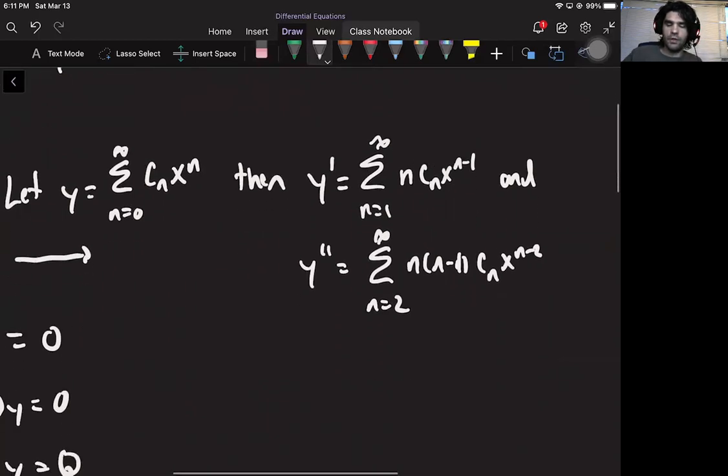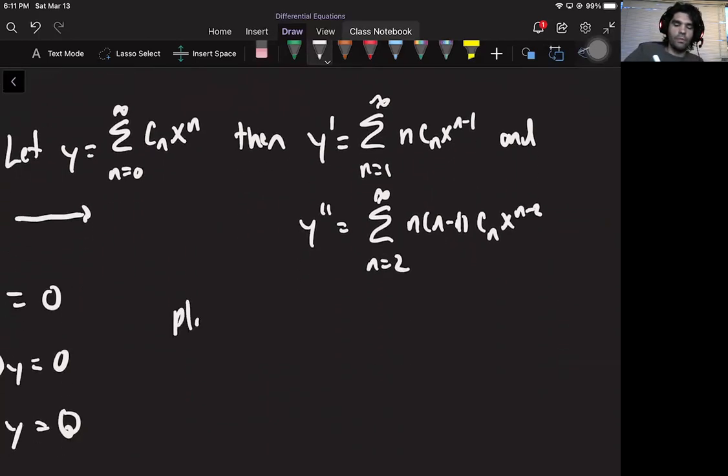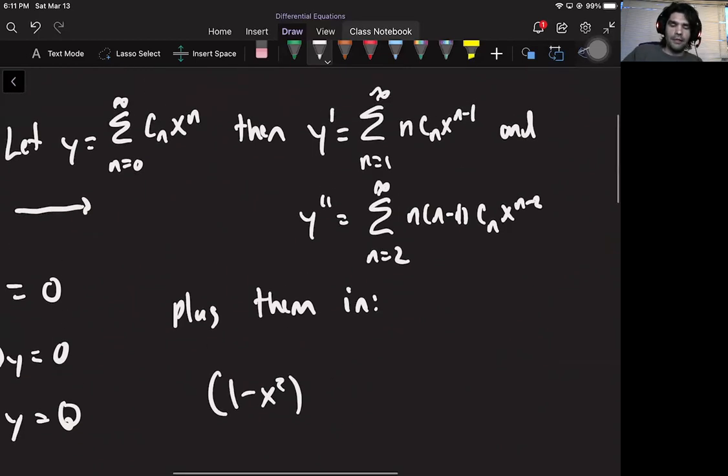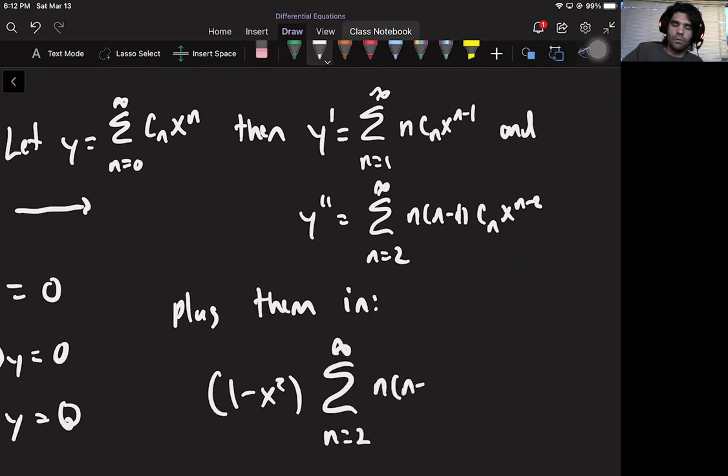Okay, so we got these three things, plug them in, and let's see what happens. So the first term has a 1 minus x squared coefficient in front of it, and that's in front of the y double prime. So now I'm going to plug in my y double prime.